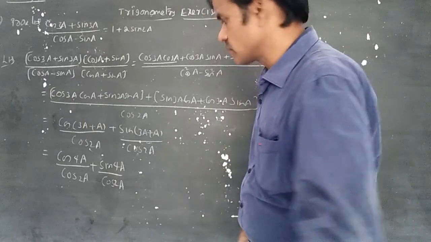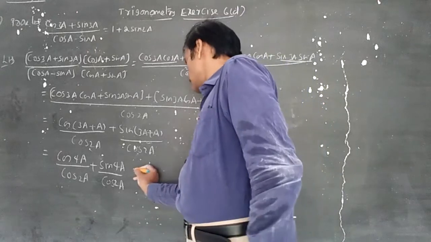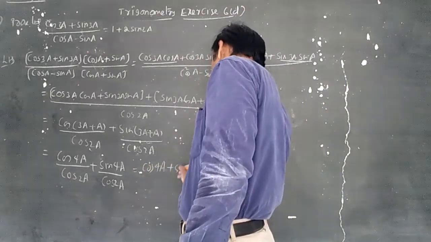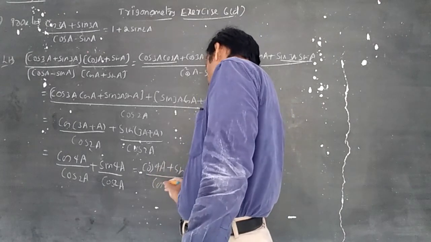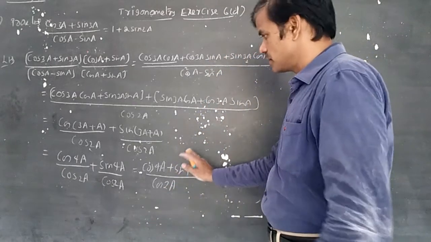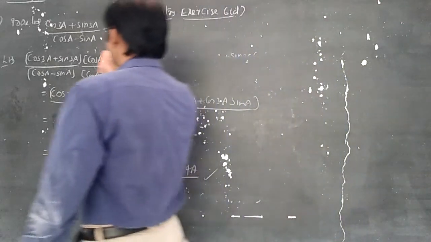It's okay. Of course, this is also a proof. Leave it. Write this one: cos 4a plus sin 4a by cos 2a. Simply leave it. So it is a question. Now we should do this question in another method.